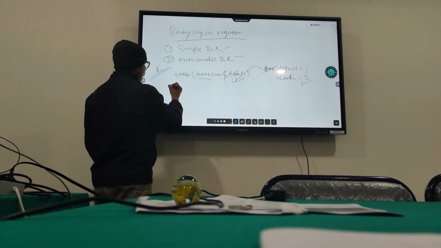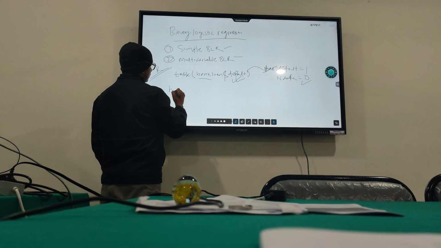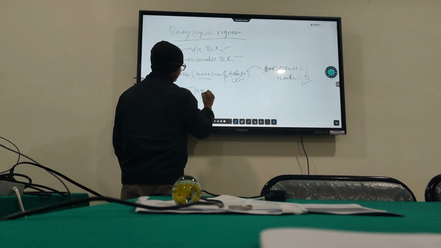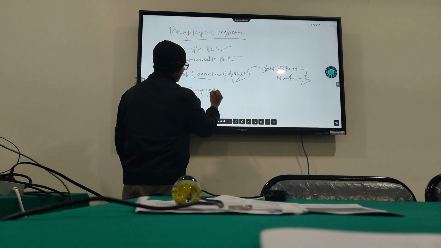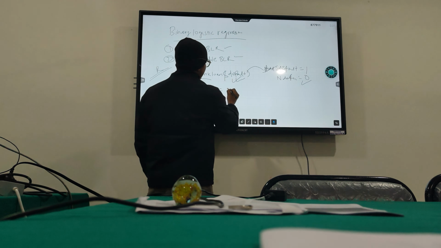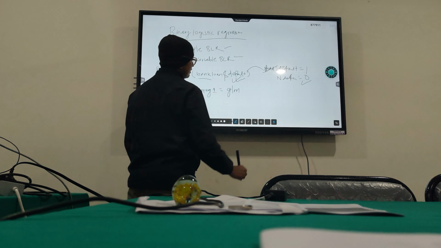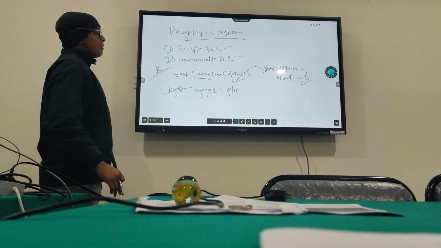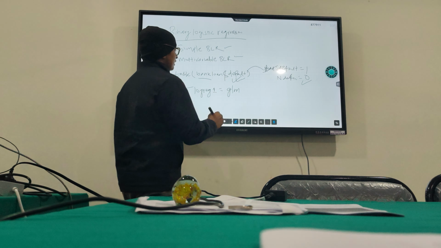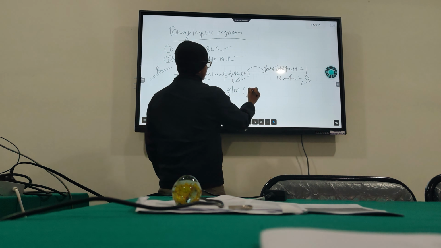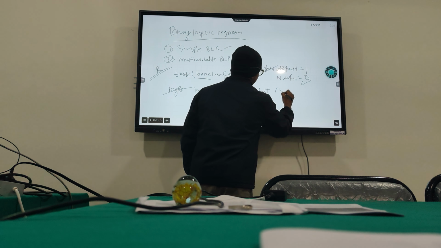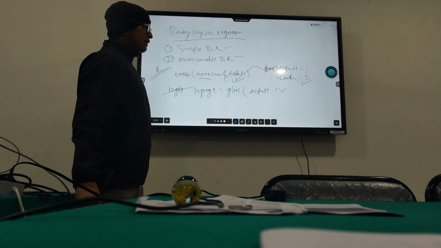So our model is log reg 1 equals GLM. In binary logistic regression we will use GLM, not LM. GLM here means binary logistic regression. We keep the default variable as it is, then we use tilde.